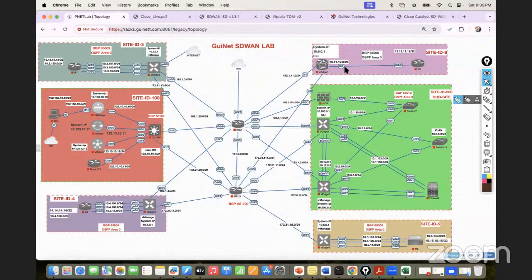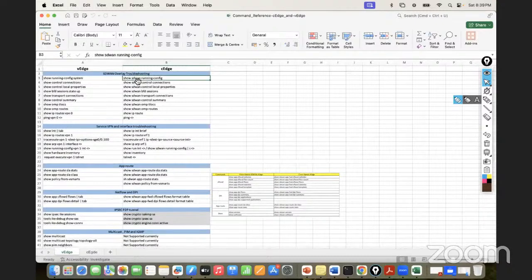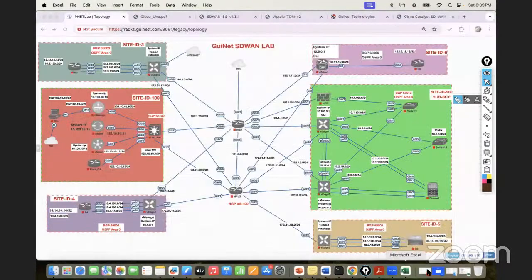Even you have to run a different command set as well. So if you have a normal router, you cannot run all these commands. But after upgrading, you have to run all these commands. So I'll show how this command is going to look and how we can run this. If I have, let's suppose, a normal ISR router, I cannot run these SD-WAN commands. But once I upgrade my router, I am able to run all these commands. Clear? Okay, understood, sir. Thank you. So we'll discuss it at a later stage. I'll make you understand more on it.